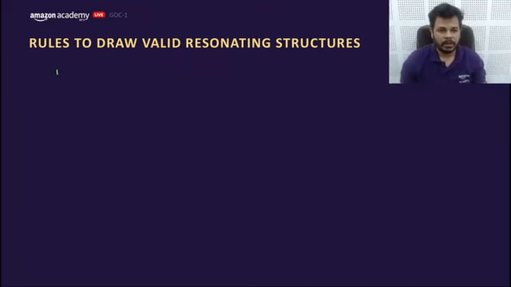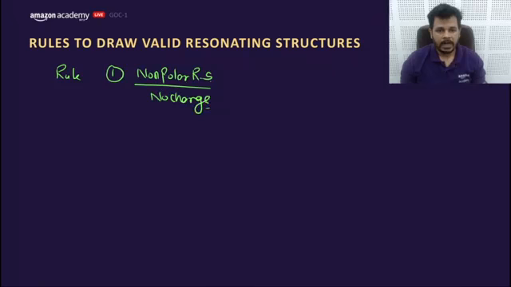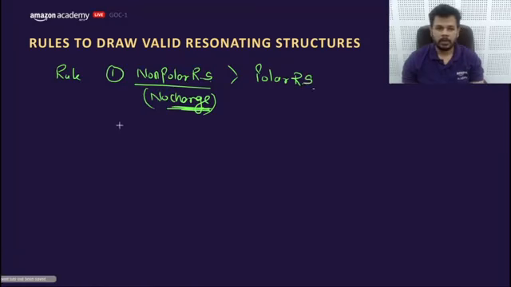Let's try to understand the rules. Firstly, non-polar RS or neutral RS. Non-polar means no charge, and charge is like grief. So no charge means it would be more stable than the polar RS, the neutral species.